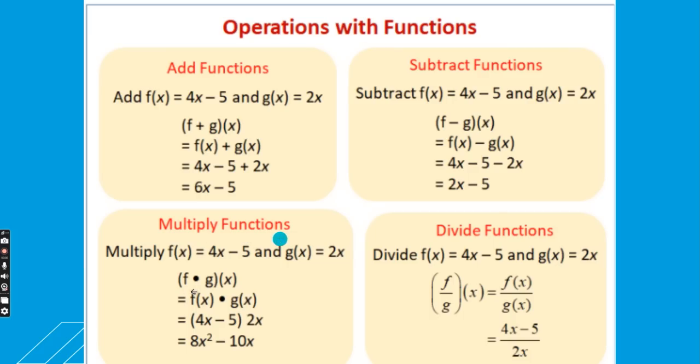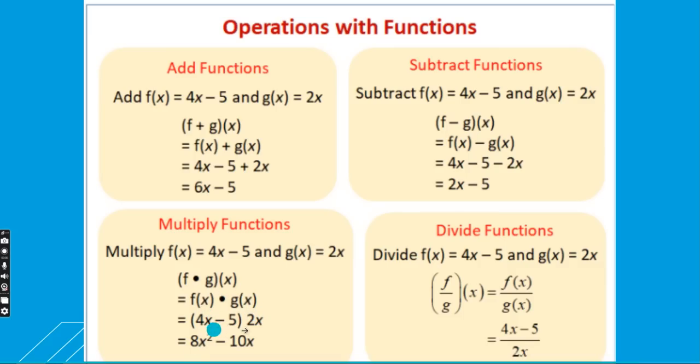Multiply functions. F multiply to g, so we use this dot to mean multiplication. F of x multiply to g of x, substitute. Quantity 4x minus 5 multiply to 2x. So, i-distribute natin 2x times 4x. 2 times 4 is 8.